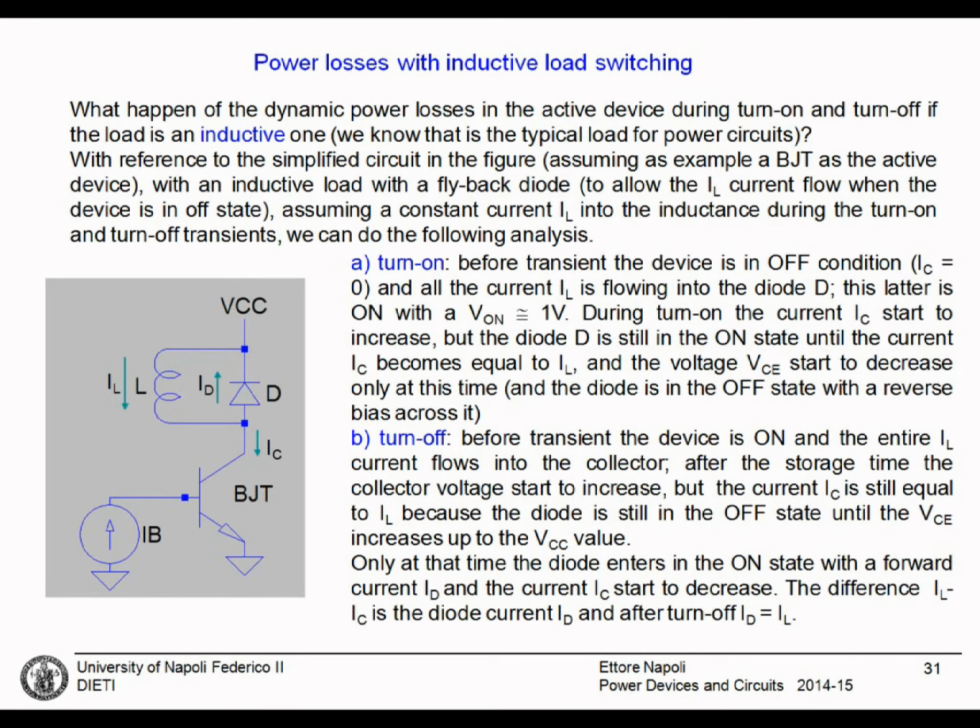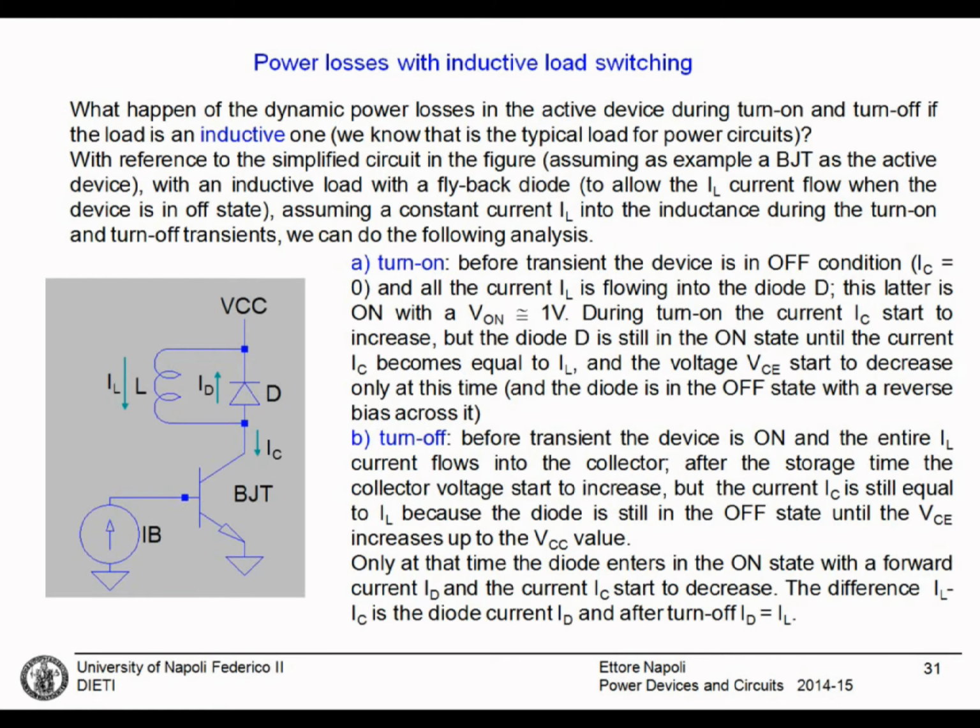This is the IL value, for example. When the current through the device reaches IL, the current of the inductor, only at this point the diode is off, because the entire current IL is flowing here and there is no current flowing through the diode.